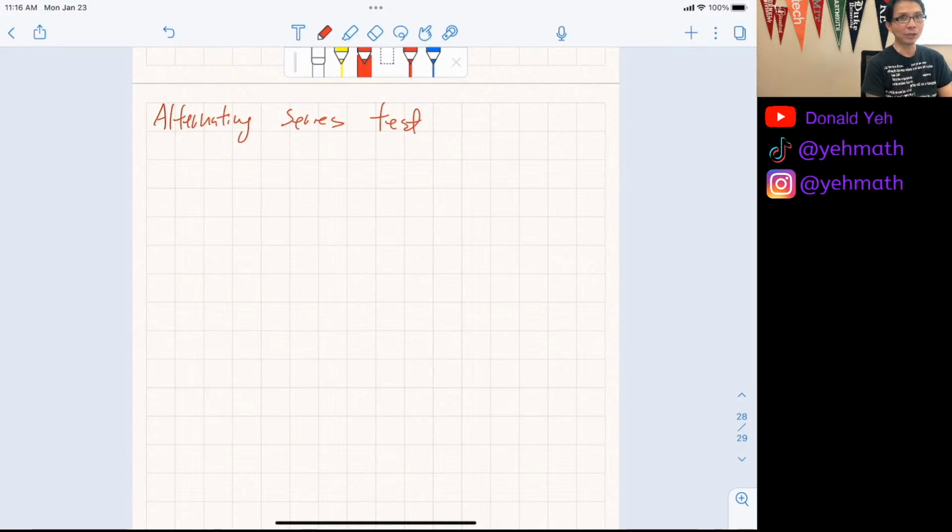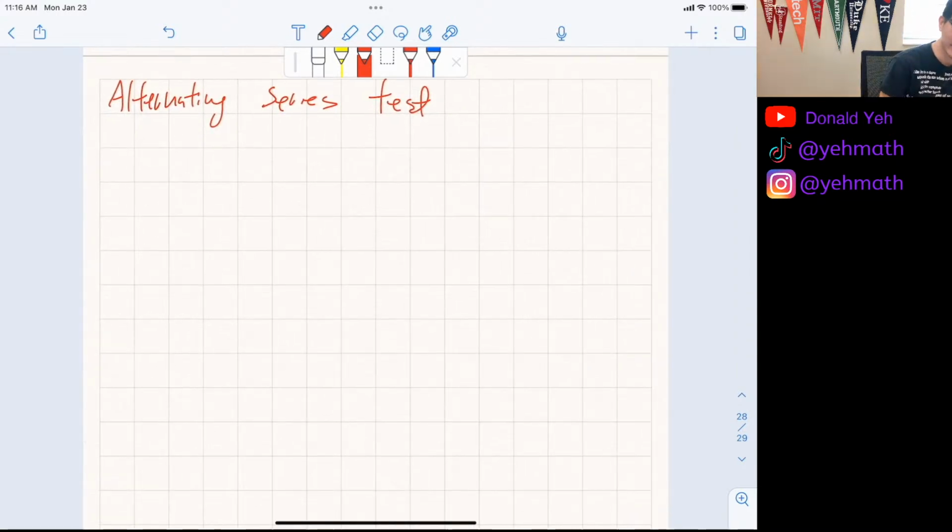However, I'm going to show you the next one. It's not harmonic, but it's very, very close to harmonic. There is one called the alternating harmonic series. And what is the deciding factor for alternating? So I'm going to show you.